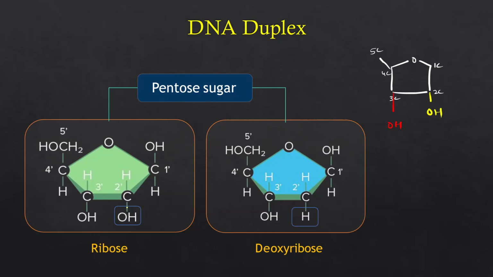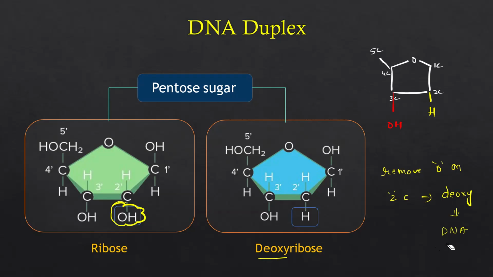You see here, on the second carbon, OH is present. But if you remove the oxygen, then only hydrogen will be present. Then you call it deoxyribose. As we are removing the oxygen, we call it deoxy. Remember this. Remove the oxygen on the second carbon, and we call it deoxy, which is DNA.